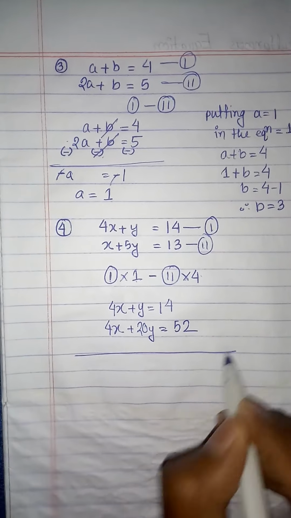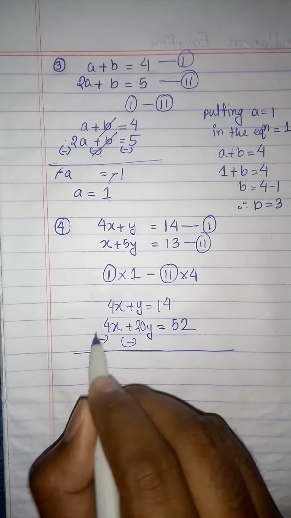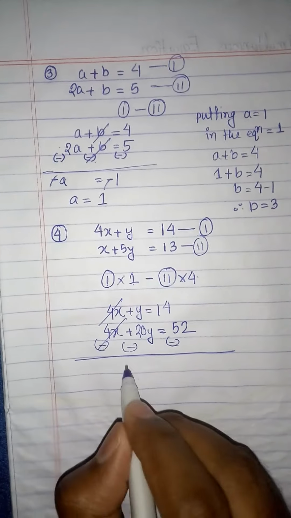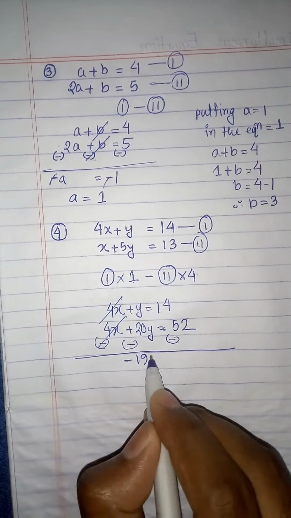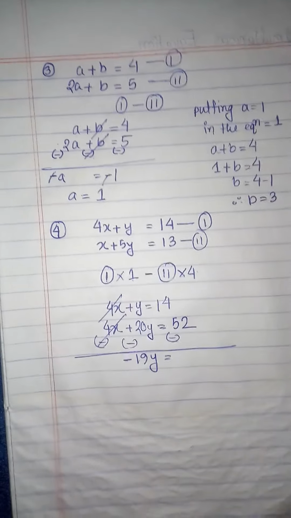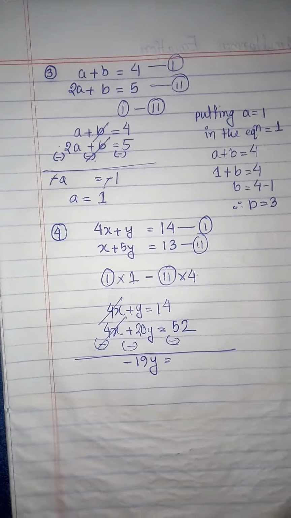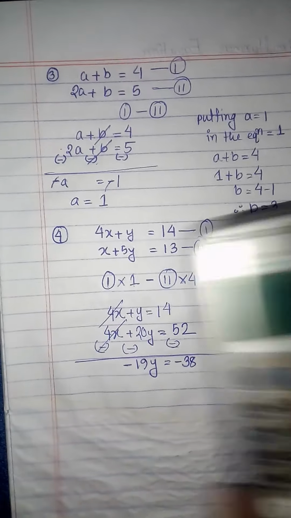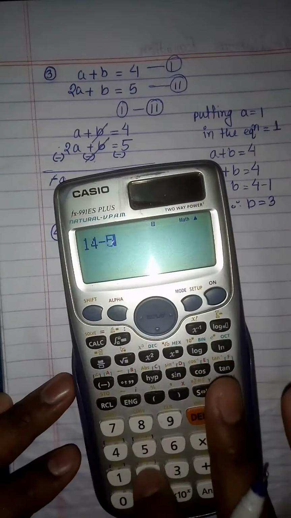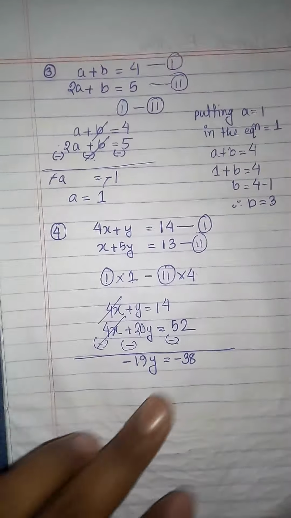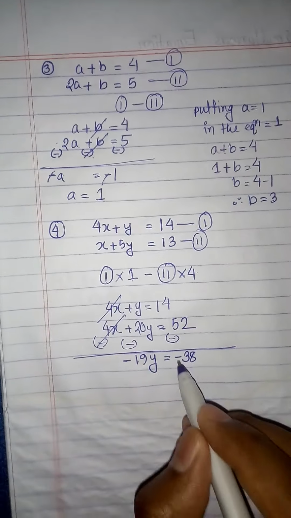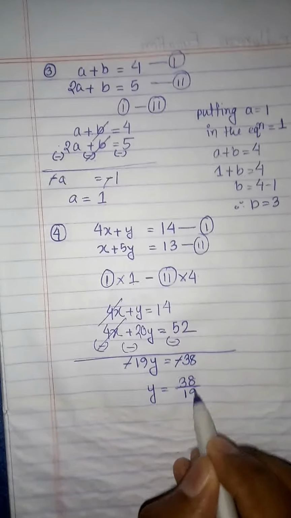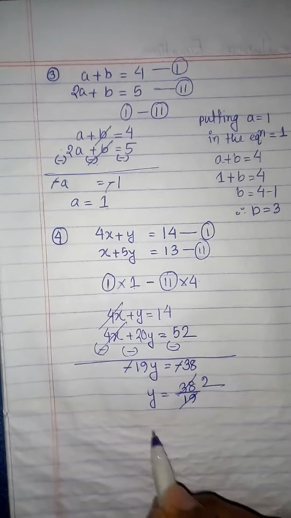As we have subtracted them, we have to use a minus sign. The x terms get cut, and this is minus 19y, and this is, I guess, minus 38. Yes, 14 minus 52 is minus 38. So the minus gets cut, and y equals 38 divided by 19, so y equals 2.